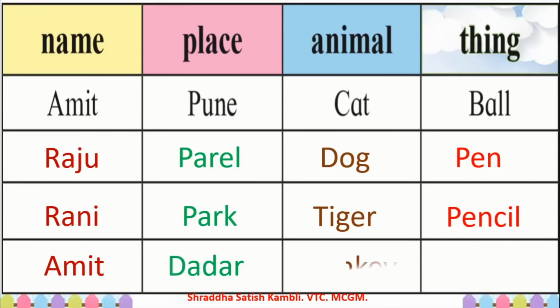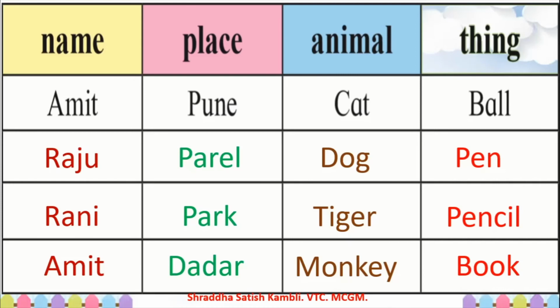Dadar, animal is monkey, and thing is book. So instead of Amit, we can also say Yatin, or we can say the name of any boy. Gaurav we can say, Abhijit, any boy. Alright, so these are all naming words.